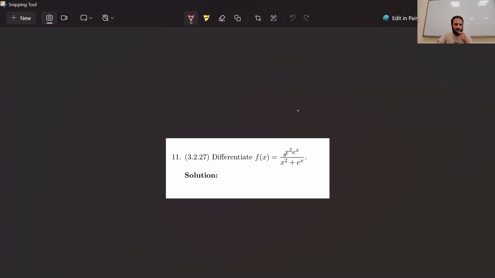The quotient rule. Yes, thank you. So let's write the rule first. You have f1 over f2, then f prime of x equals f1 prime f2 minus f1 f2 prime over f2 squared.